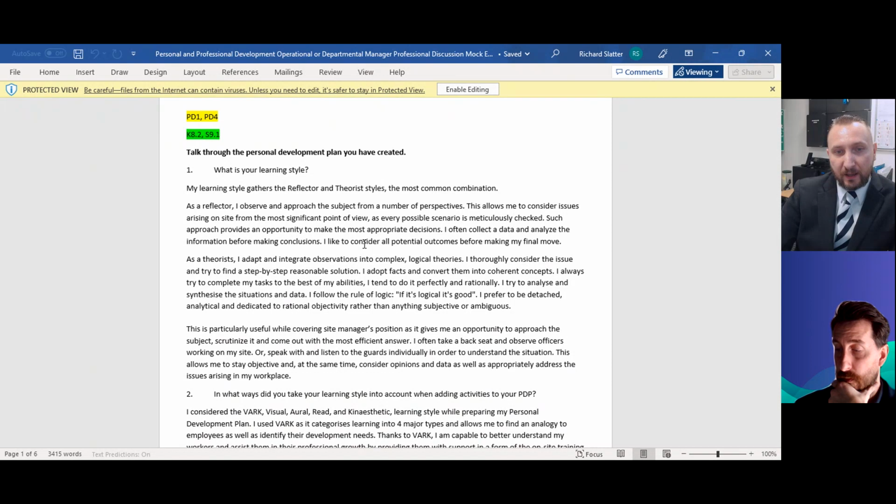I tend to do it perfectly and rationally. I try to analyze and synthesize the situations and data. I follow the rule of logic, which says if it's logical, then it's good. I prefer to be detached, analytical, and dedicated to rational objectivity rather than anything subjective or unclear.